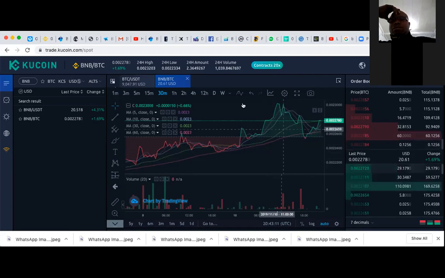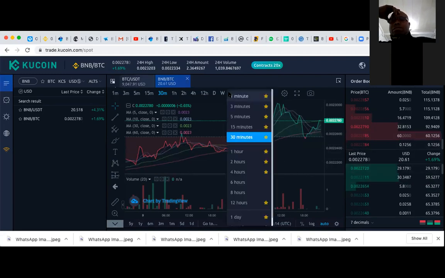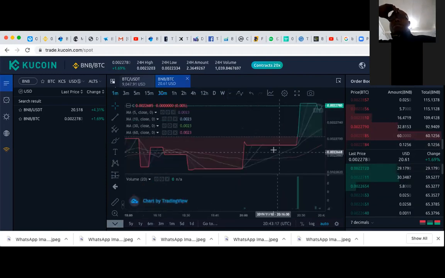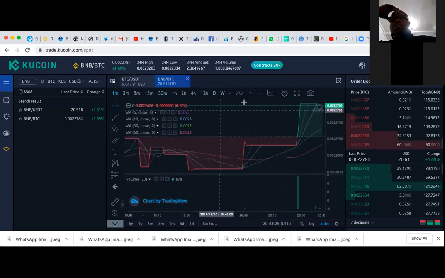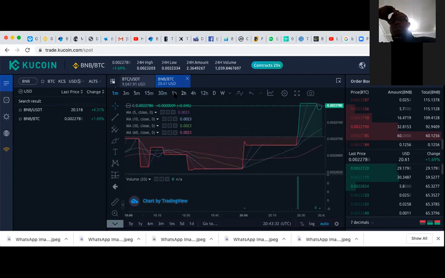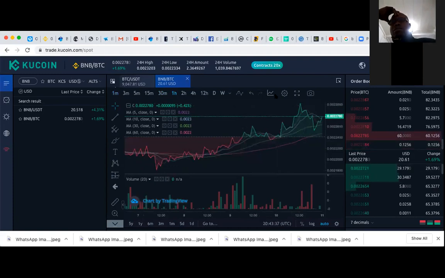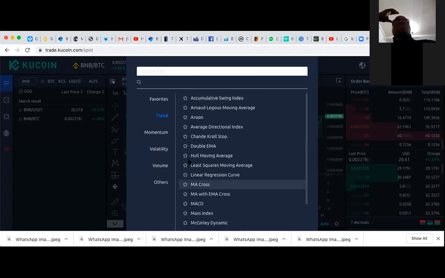The height of a spike and, oh, sorry, I'm sorry, guys. Where I'm taking you to is too hard for you. I'm taking you too much into TradingView of Binance. Okay, so you have to check the EMA.